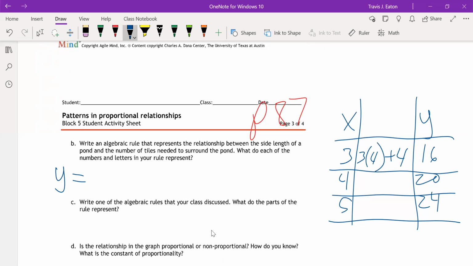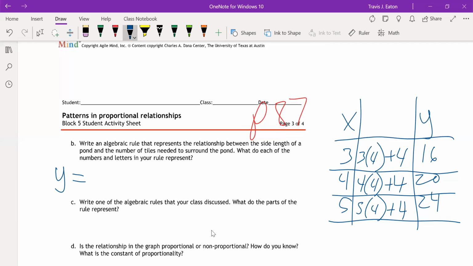Will that work for the next one? How about 4 times 4? 4 times 4 is 16 plus 4. It's got to be the same rule every time, right? 16 plus 4 is 20. Oh, I think I see what we've got going on here. How about 5 times 4? 5 times 4 is 20, plus 4 is 24.